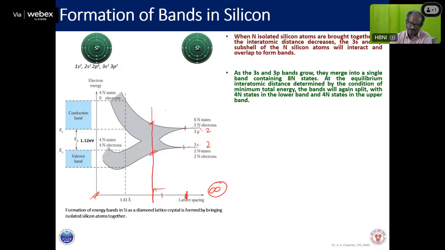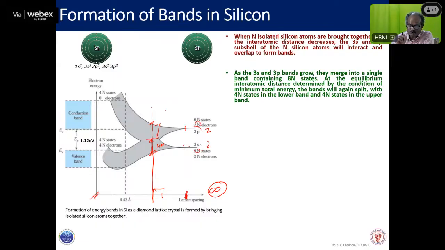So now what will happen? When you have 2n electrons here and 2n electrons here, there are 4n electrons. But those 4n electrons will occupy the lower 4n levels, and the upper 4n levels will remain empty.